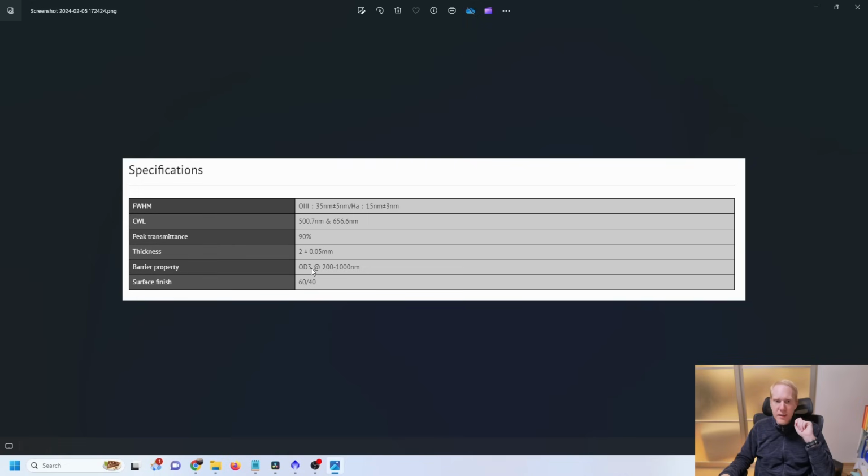The way you compute it is basically 1 over 10 to the power of 3. Or in here 1 over 1000, which is 0.1%. If it was OD4, then it would be 1 over 10 to the power of 4, so 1/10,000th, which would be 0.01%, 10 times better. So this off-band blocking is actually a very important spec that you should be looking at, especially if you live in a very light polluted city.